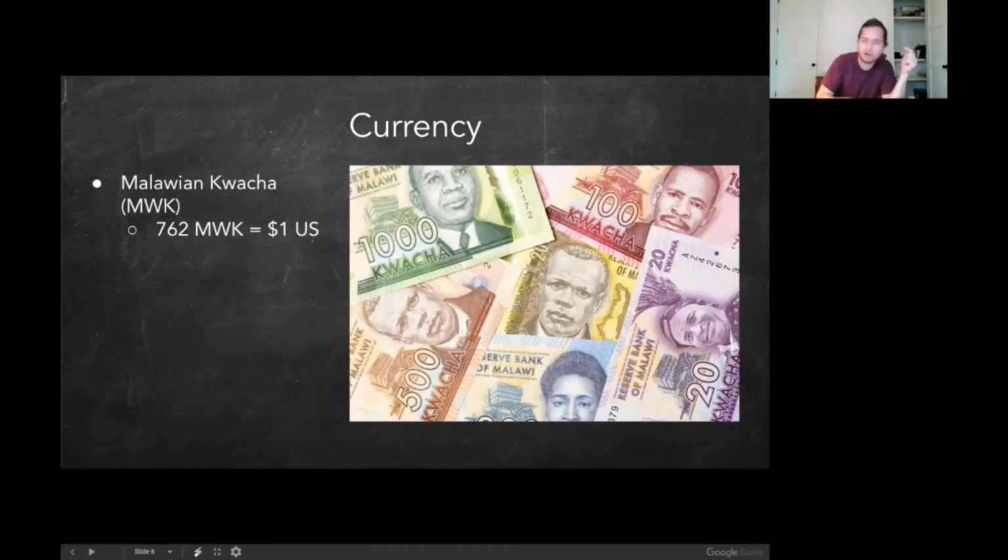So when I was there, you would bring over US dollars and trade them and end up with a lot of kwacha. The best way to do it was actually to get cash, American dollars, then take it to the Forex, the foreign exchange bank, and exchange it, and you end up getting more kwacha than if you ran it through the Malawian bank. I don't know if that makes sense.